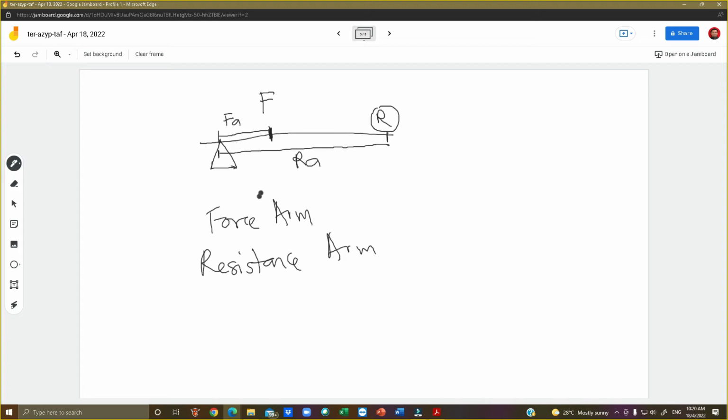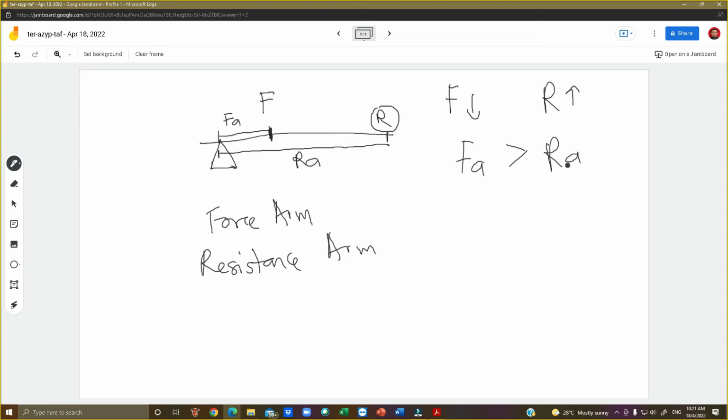Next. Okay. By knowing this, if we try to lift up an object, we try to use less force to lift up a heavier object. Remember this, force arm needs to be larger than resistance arm.